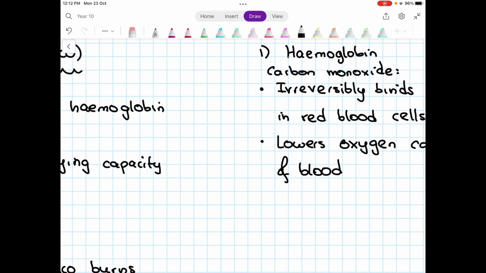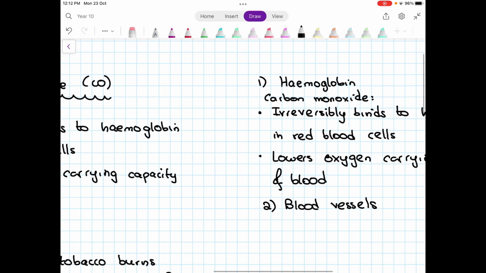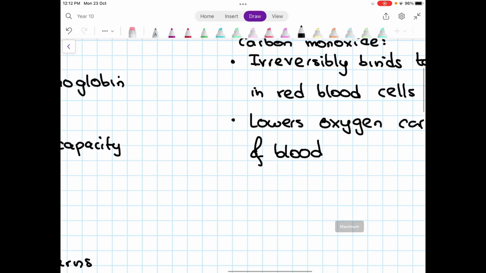Next, we have blood vessels, which refer to our arteries, veins, and capillaries. As a result of smoking, our arteries are made more thick and less flexible.